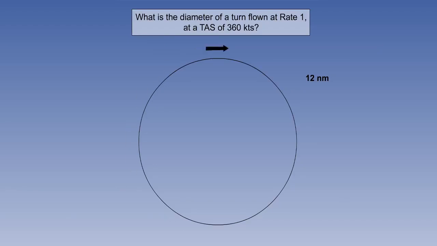The circumference of the circle the aircraft has flown is therefore 12 nautical miles. We can find the value of a circle circumference by using the formula pi times the circle diameter, or pi d. Therefore, 12 nautical miles equals pi times the circle diameter. Or, rearranging the formula another way, the circle diameter equals 12 divided by pi.